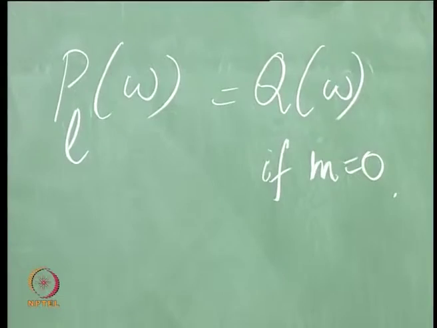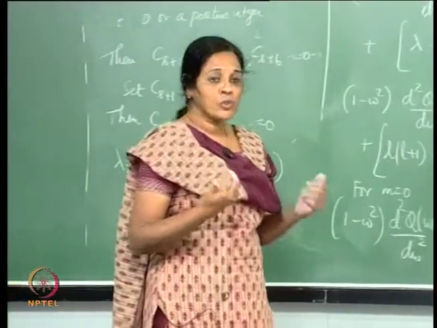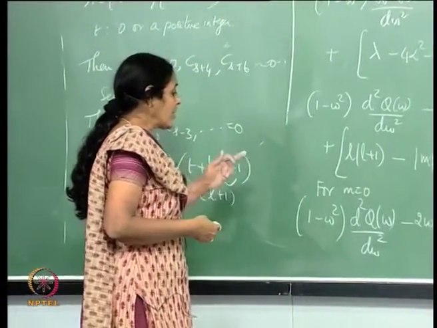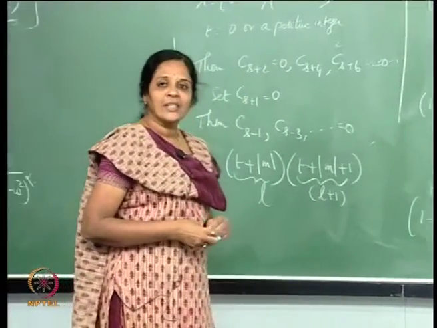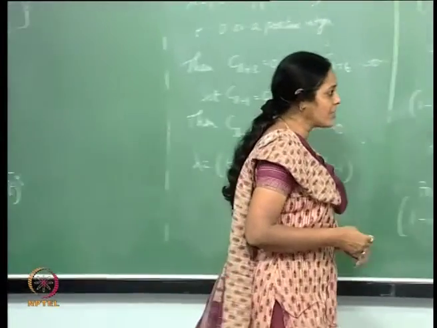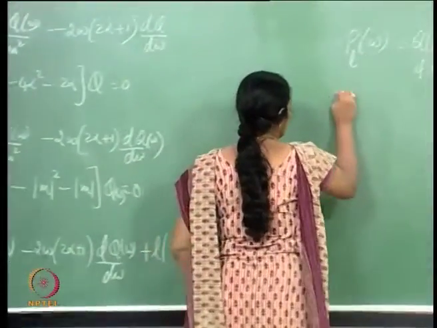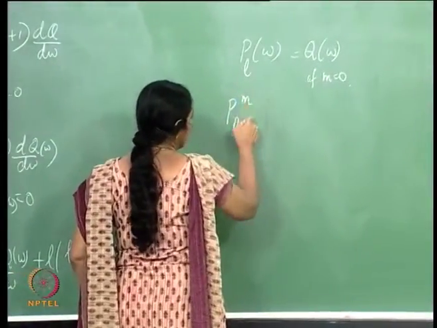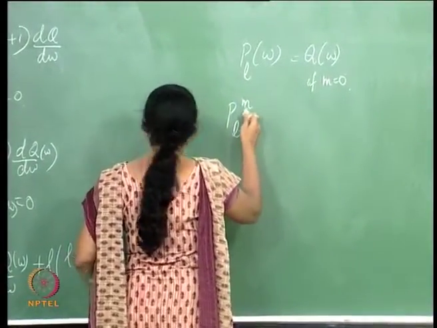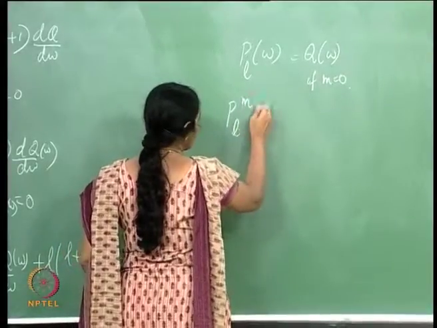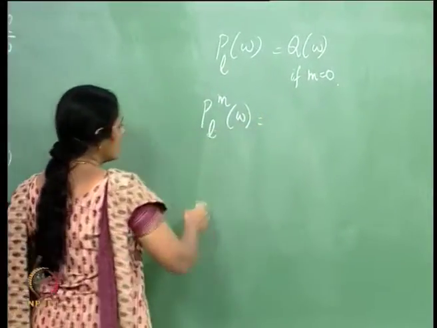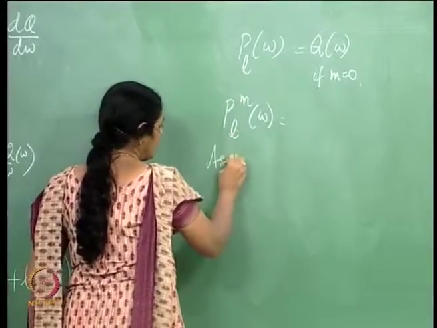Now, if m is non-zero, I would therefore suspect that the equation for q of w would be that of the associated Legendre polynomials, because they come with another quantum number. So, I have two numbers associated with this. This is the associated Legendre polynomial.